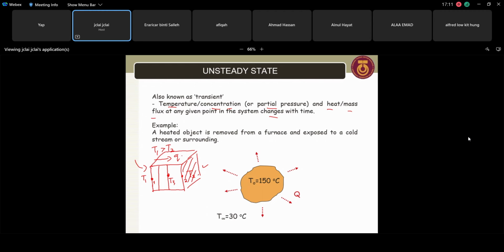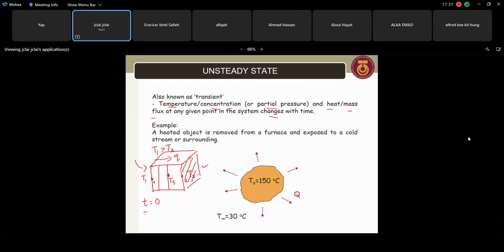So if we consider the same system again, and we say this system is transient or unsteady state, it means initially when t equals 0, when we start counting the time, the temperature is at T1.